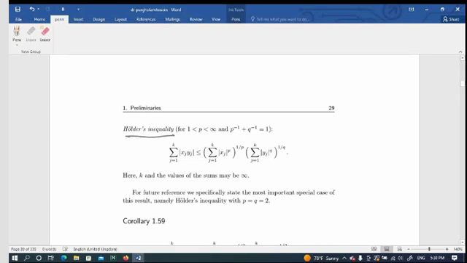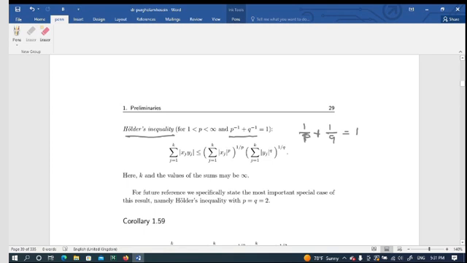That is, the sum of the absolute value of xj yj is less than or equal to the sum of the absolute value of xj to the power p, to the power 1 over p, times the sum of the absolute value of yj to the power q, to the power 1 over q, where 1 over p plus 1 over q must equal 1.